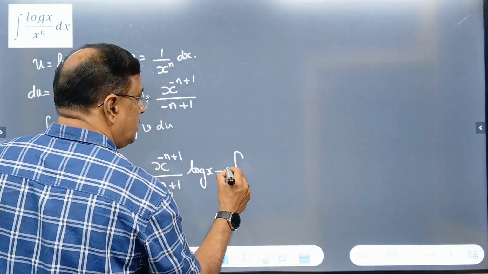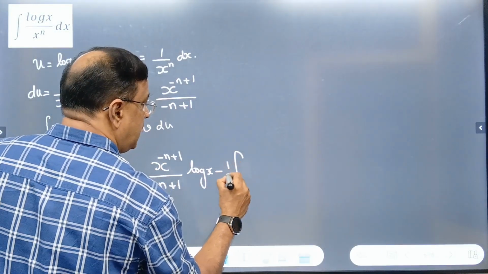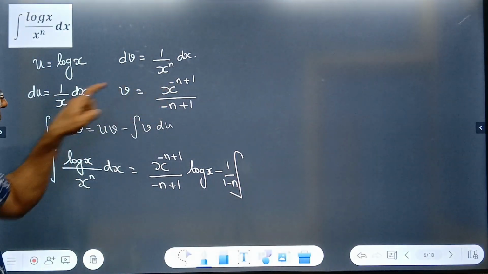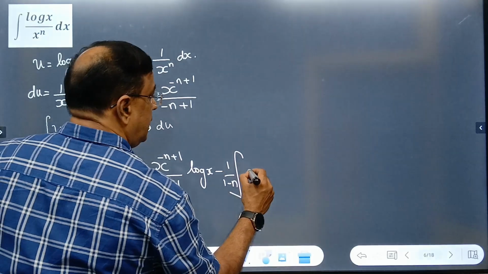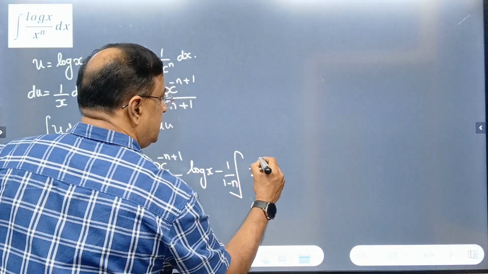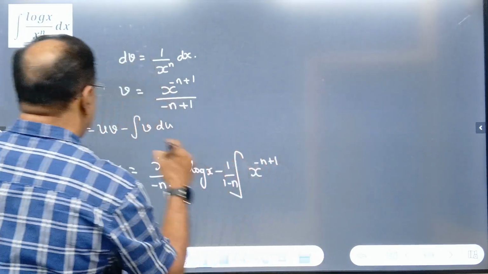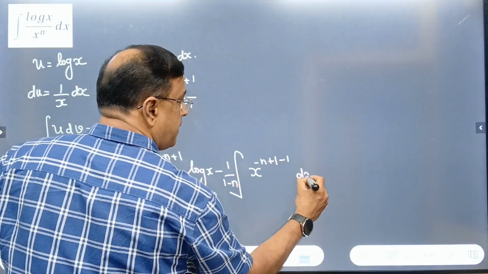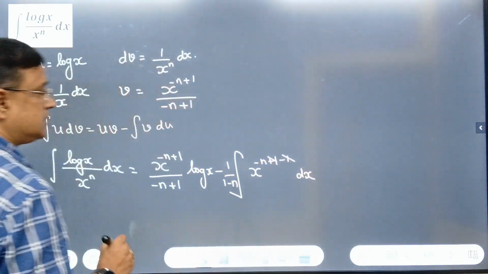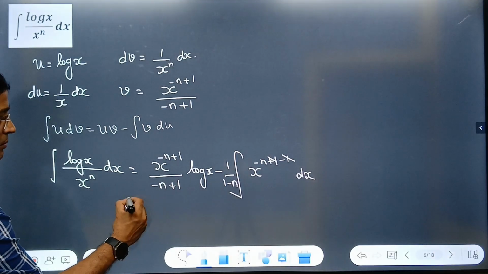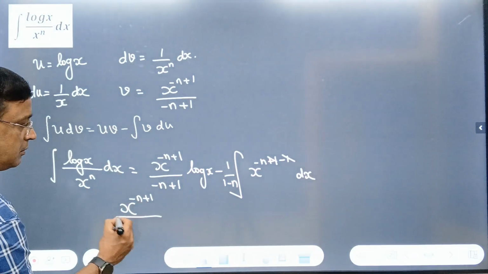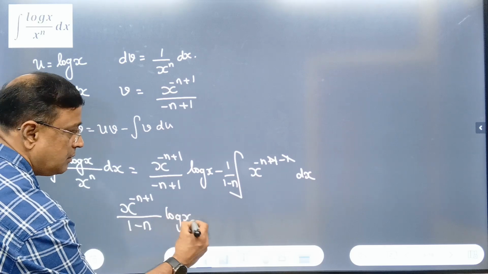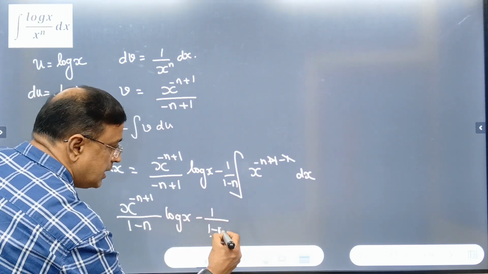So this is 1 by 1 minus n. Okay, now I am clubbing this. So I get x power minus n plus 1, divided by x, so it is minus 1. So they get cancelled. So this is x power minus n plus 1 by 1 minus n log x minus 1 by 1 minus n.